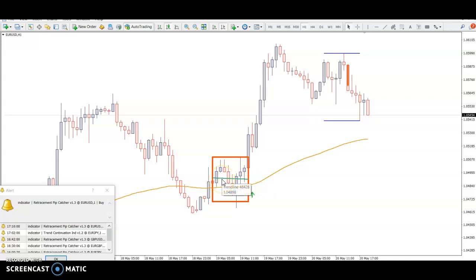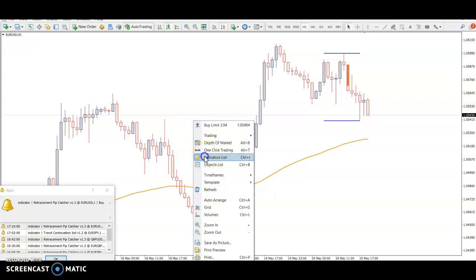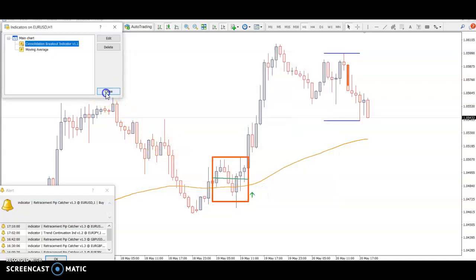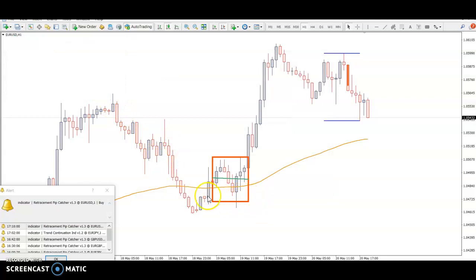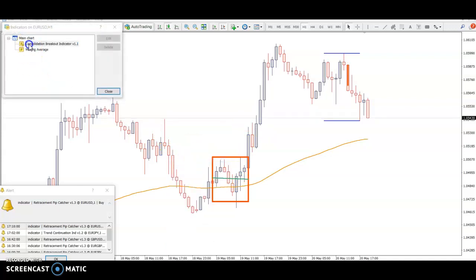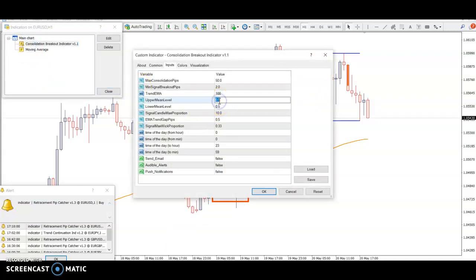Now, you're not going to get many of those, so if you have this set to 0.5 each, you'll hardly get any signals. But when they do, you normally get a big breakout because it's been so still. And of course, you can set it to 0.8 and 0.2. Make these add up to 1.